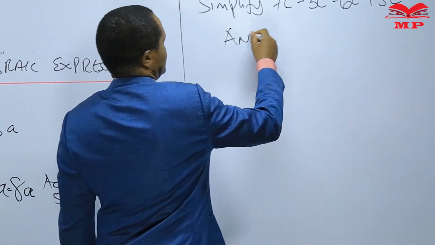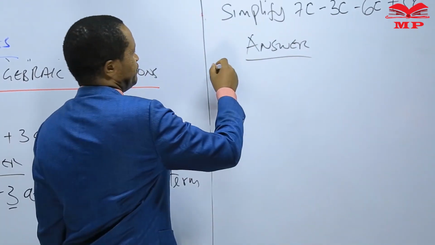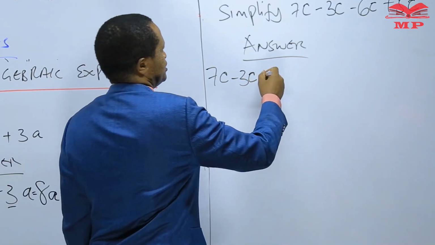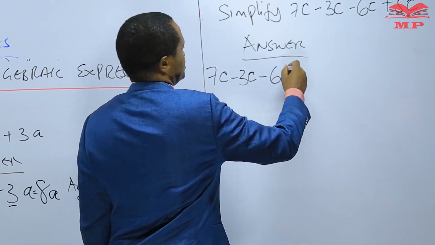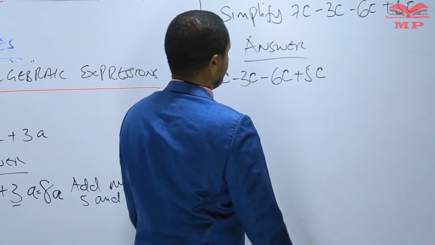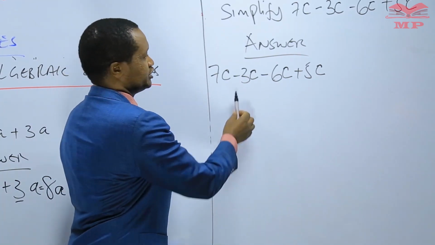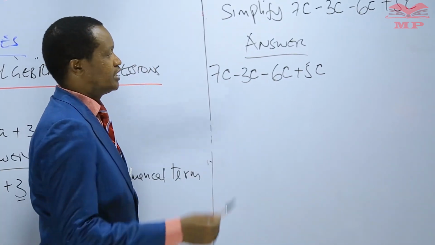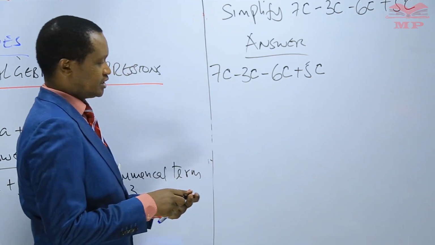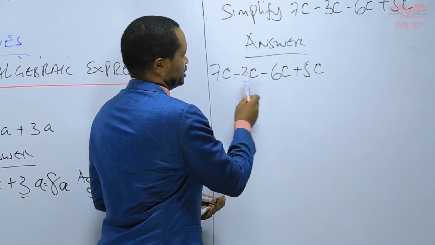The answer to that, 7c minus 3c minus 6c plus 5c plus 5c. So in this algebraic expression, there are two operations, that is subtraction and addition.